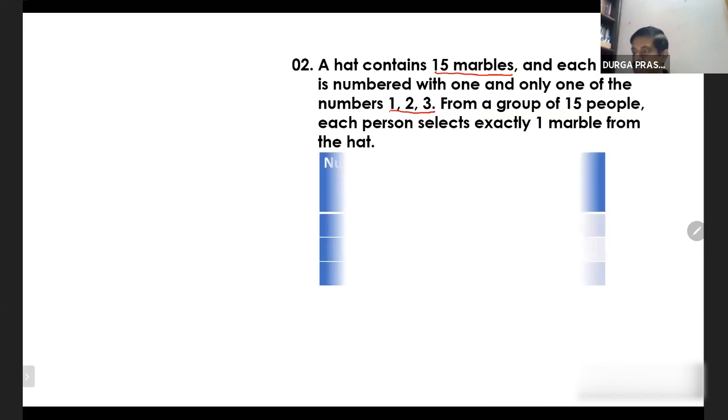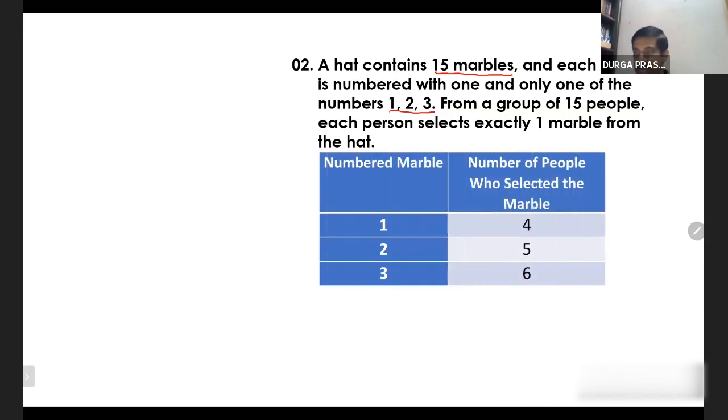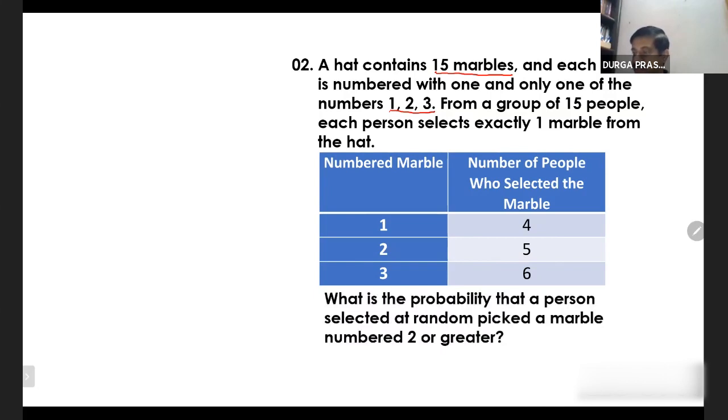The number of people who selected the marble with number 1 is 4, with number 2 is 5, and with number 3 is 6. What is the probability that a person selected at random picked a marble numbered 2 or greater?